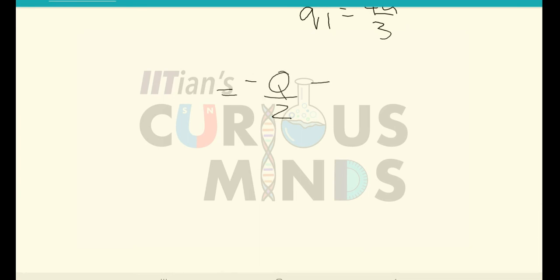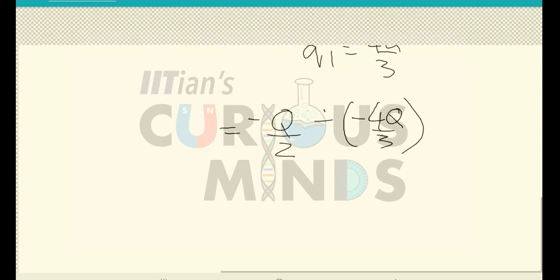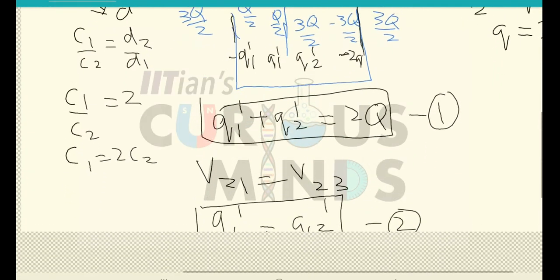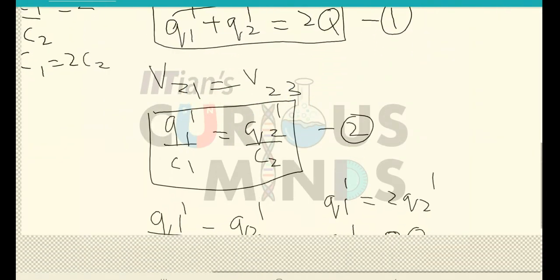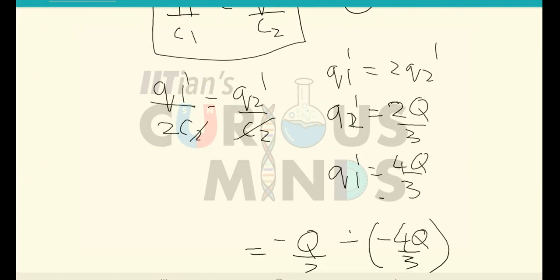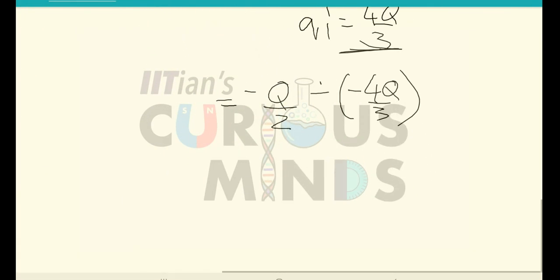Plus, over here, the final charge developed on the right hand side of the plate, which I have calculated, is equal to 4Q divided by 3. So it can be written as negative Q by 2 plus 4Q divided by 3.